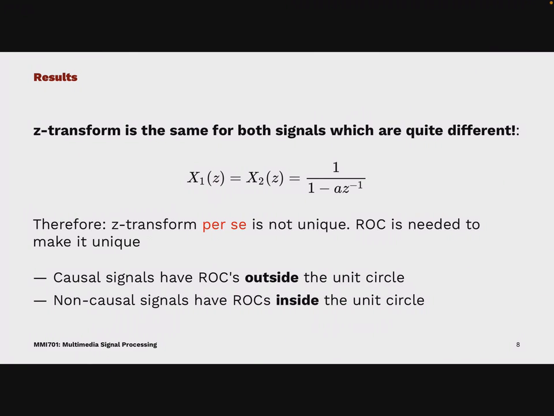So again, Z transform is the same for both signals, which are quite different. Let that sink in. You have very different signals, and their Z transform is the same. That means Z transform by itself is not unique. Well, you need to specify the region of convergence in order to make it unique.